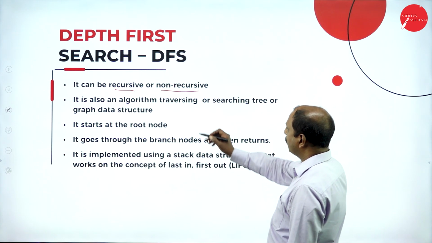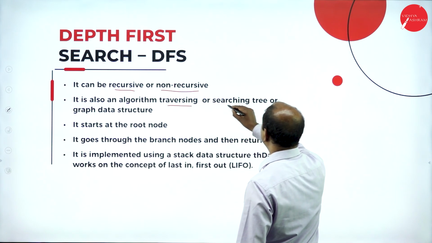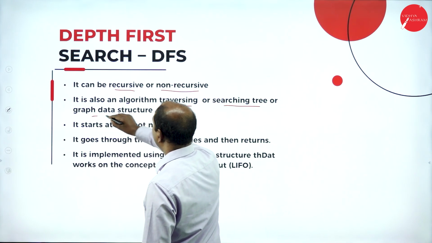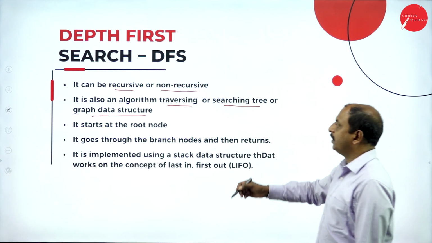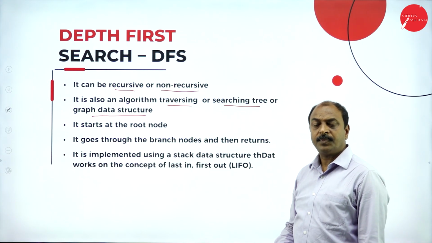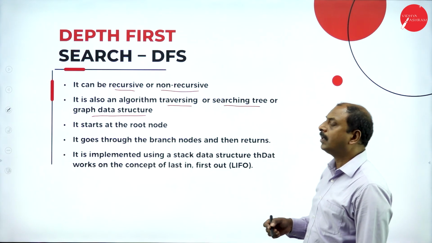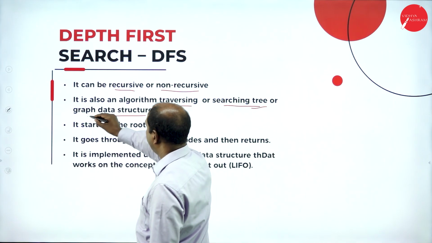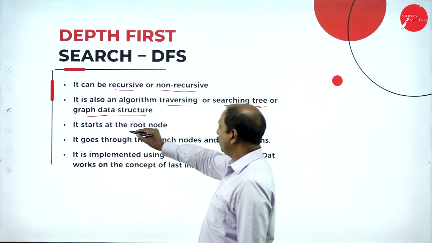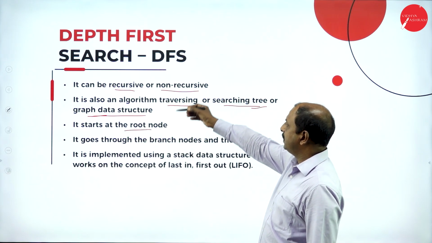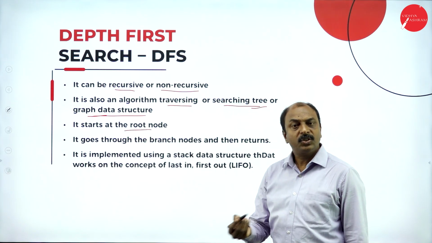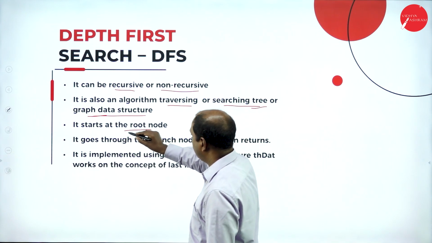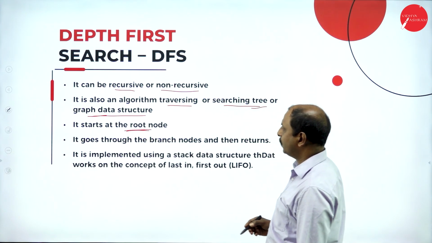It is an algorithm for traversing or searching a tree or graph data structure. So we are implementing this type of algorithm through a non-linear data structure, either a tree or graph. It starts at the root node, means in this search algorithm, the search operation starts from the beginning or at the root node.